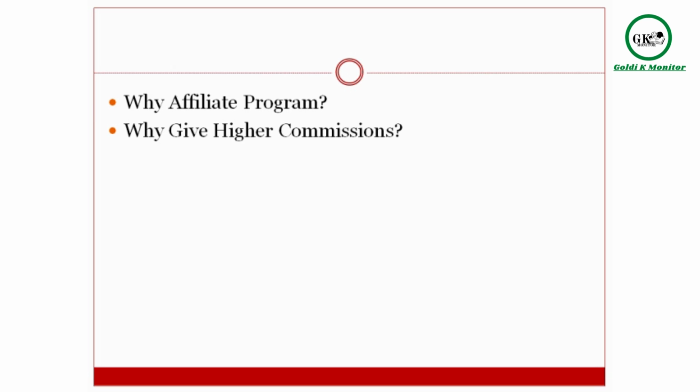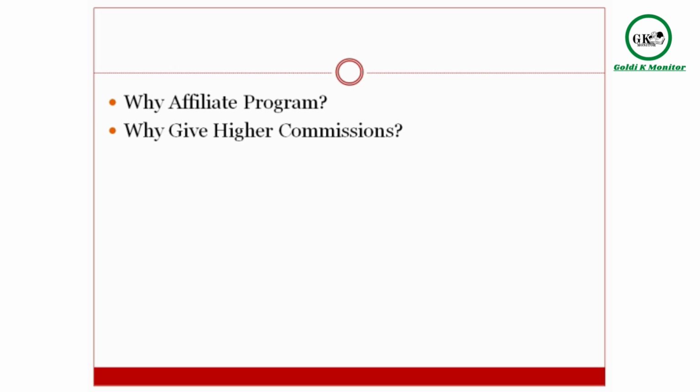If you're getting affiliates sending, let's say, 1,000 people to your product but only one is converting, then your conversions will drop and it'll actually be lousy. So you want to make sure that you have a high converting program first, and if that's the case, then give people higher commissions.